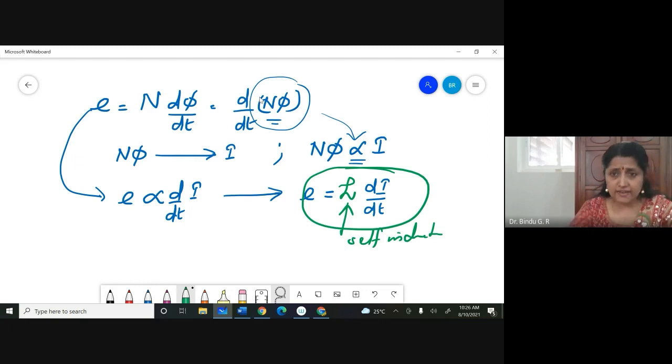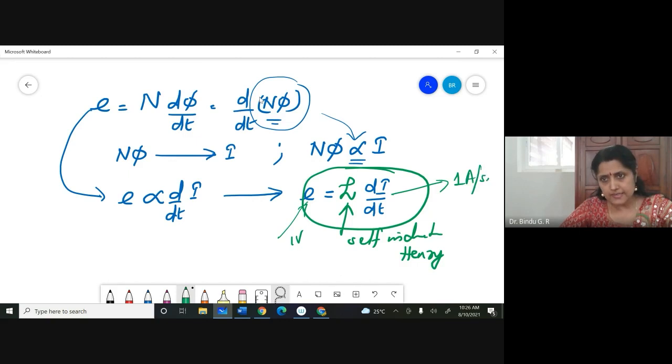This is called the self-inductance of the coil, and it is expressed in Henry. If E is equal to 1 volt, and this di by dt changes at the rate of 1 ampere per second, then L is 1 Henry.